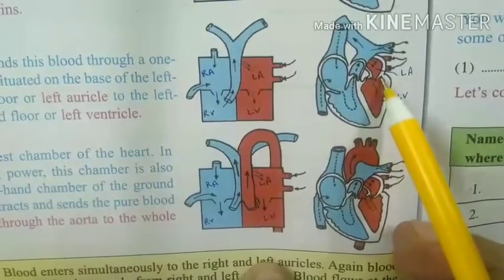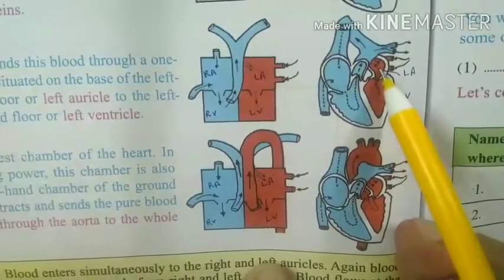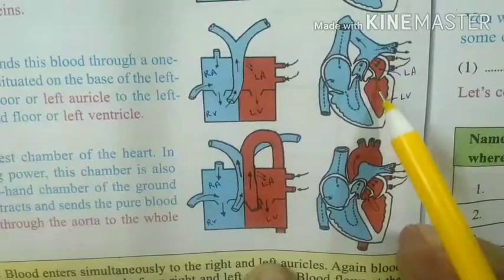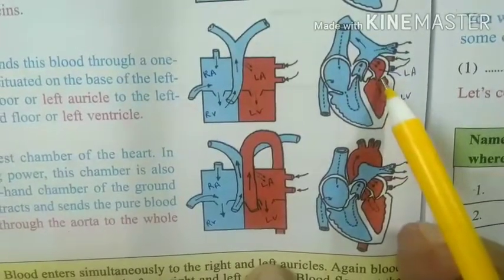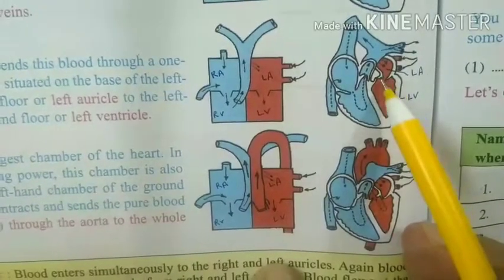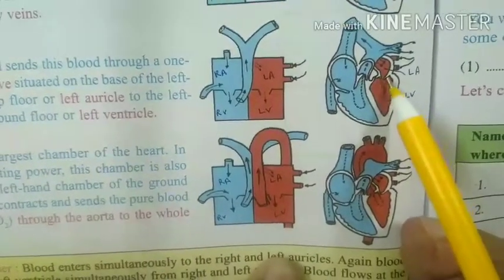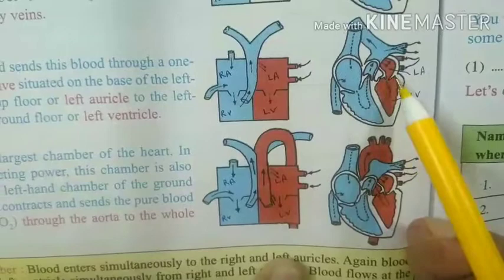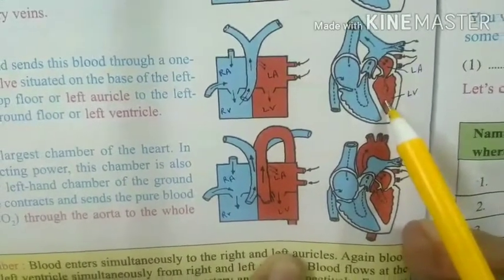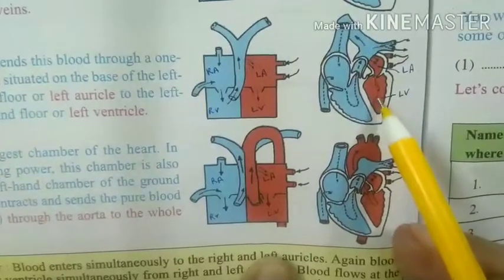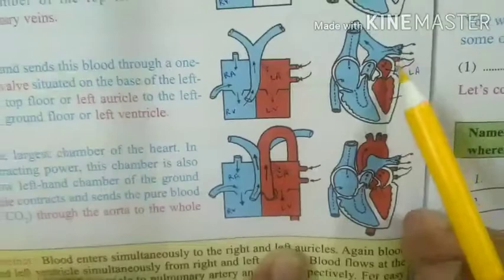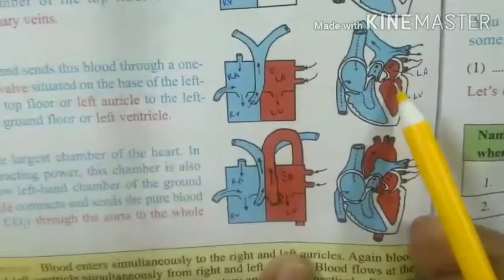There is a valve in between the left auricle and left ventricle, and this valve is called the mitral valve. It is also called the bicuspid valve. So blood from the left auricle enters into the left ventricle. Here also, backflow is not allowed by this mitral valve.